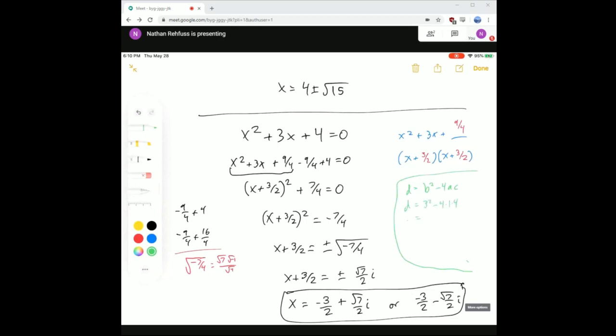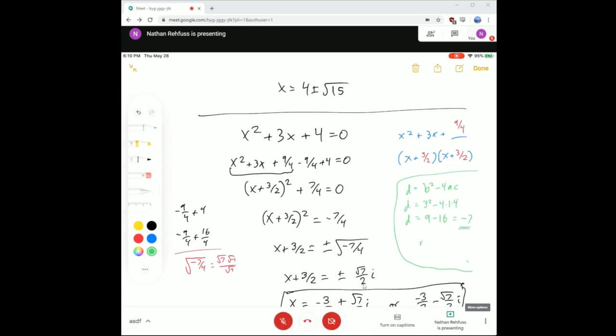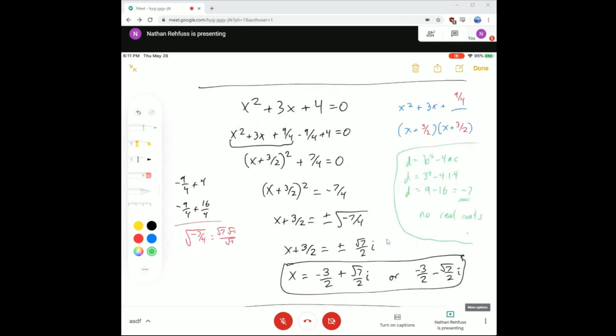So the discriminant is 9 minus 16, which is negative 7. Since this is negative, there are no real roots. And indeed, we find out that both of the solutions are these complex numbers. So that's how the discriminant helps. It helps us see whether we're going to get good solutions or not really quickly.